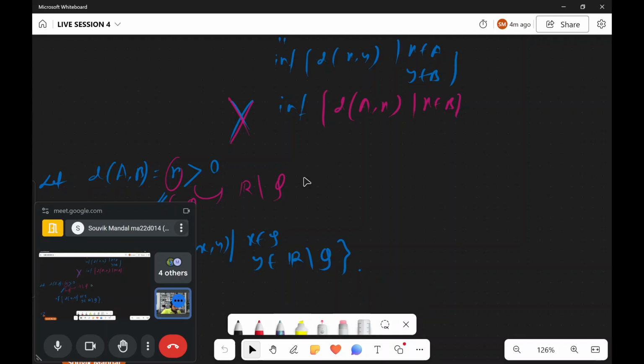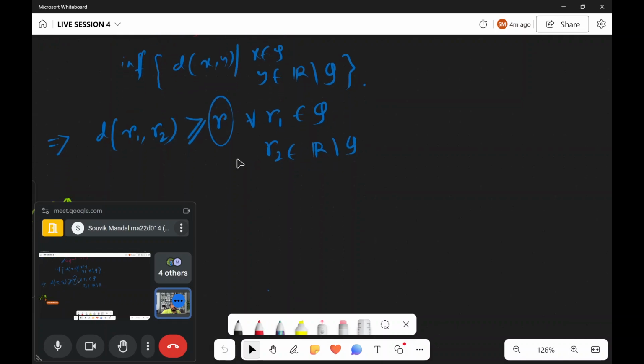So this implies the distance between r1 and r2 will always be at least r for any r1 belongs to Q and r2 belongs to R minus Q. Why? Because little r is the infimum of the distances, correct? So now we choose some r1 and fix it.